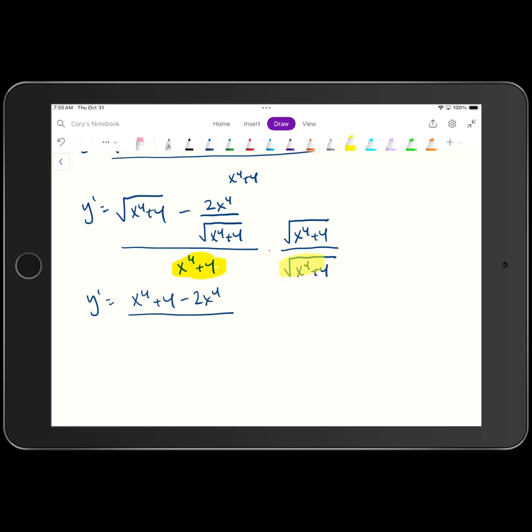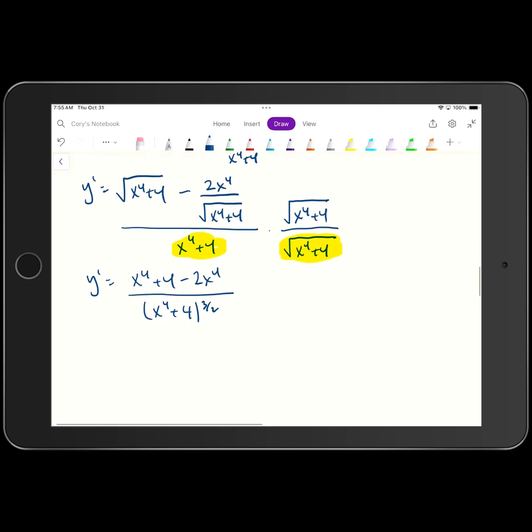This is (x to the fourth plus 4) to the 1/2 power. And when we have two exponents that share the same base, when we multiply them, we're going to add their powers. So the power of 1 plus the power of 1/2 is going to make our denominator (x to the fourth plus 4) raised to the 3/2 power.